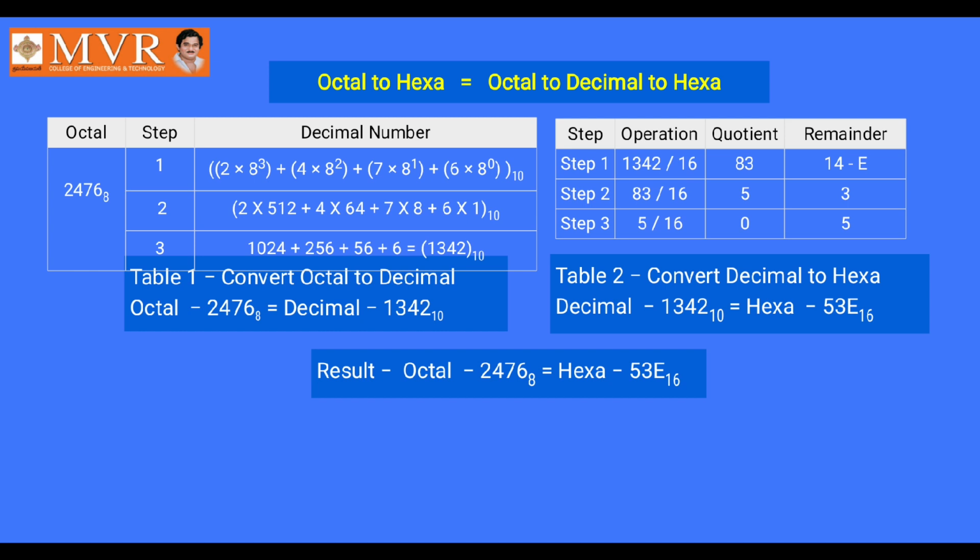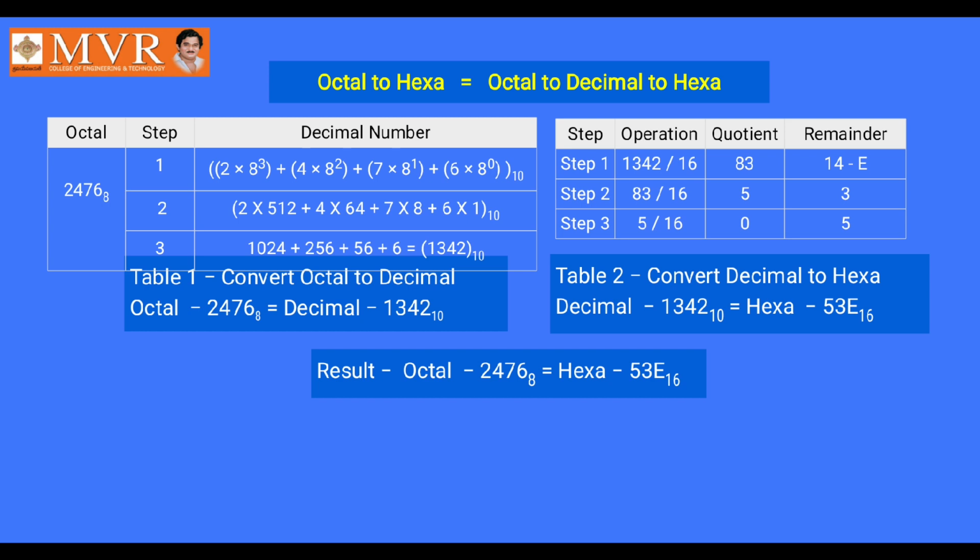Remember, in any system when you are dividing, the remainder will be less than the base only. If you are dividing by 8, the remainder should be less than 8. If you are dividing by 16, the remainder should be less than 16. Here you got 14 as the remainder. Do we have 14 in hexa? Yes, of course, but not directly. 14 is equivalent to the alpha value E. So 14 is written as E.